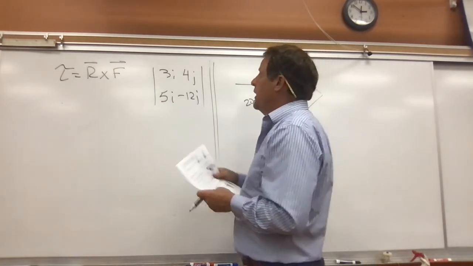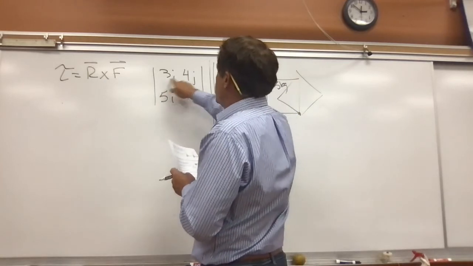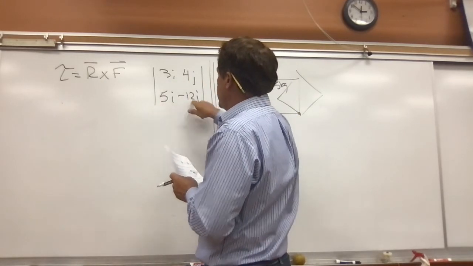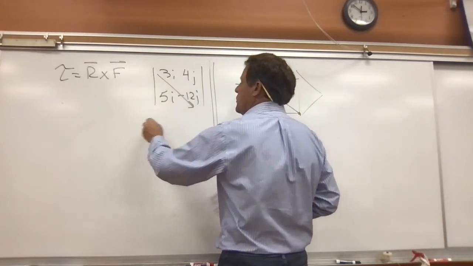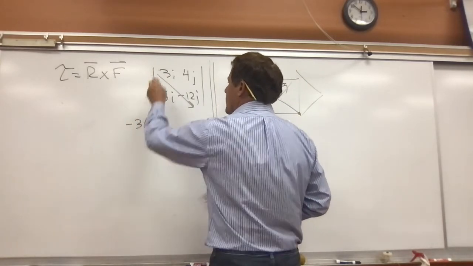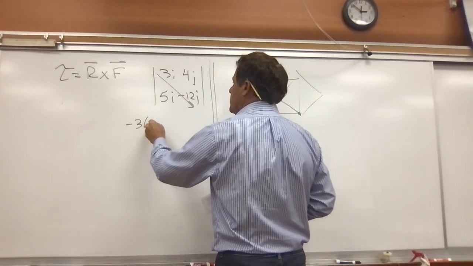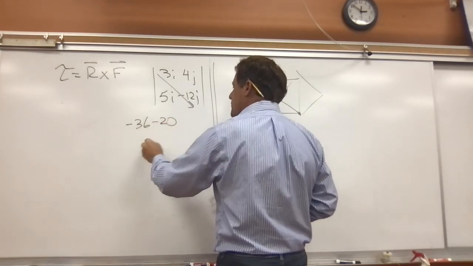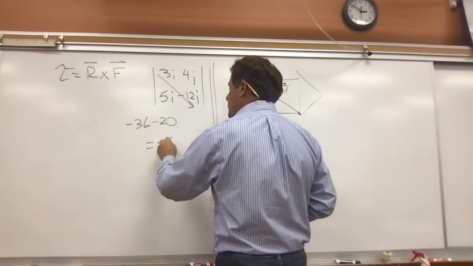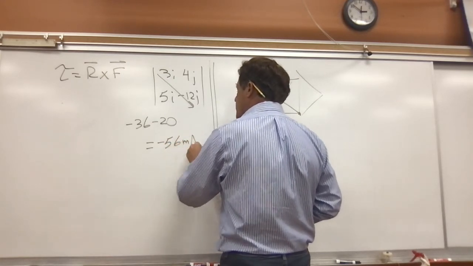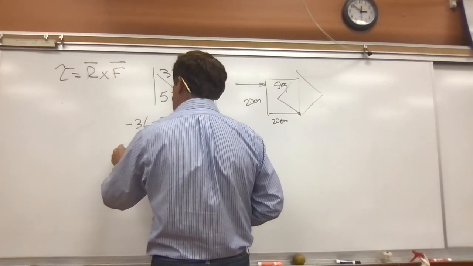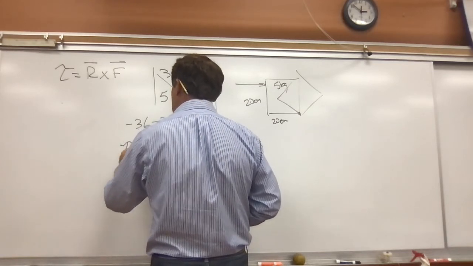So I set this up where this is our R, which is 3, 4, and our F, which is 5, -12. Now we're going to say 3 times -12 is -36, minus this, which is going to be 20, which is going to give us -56. And that would be meter newtons. And that would be our torque.